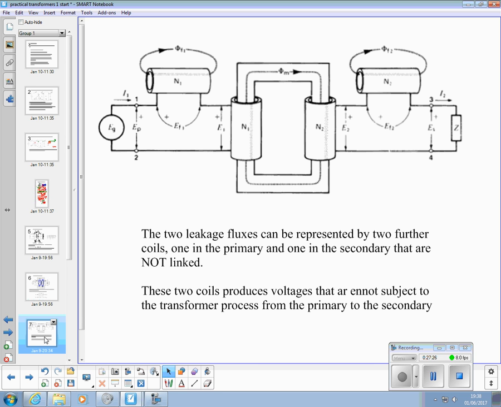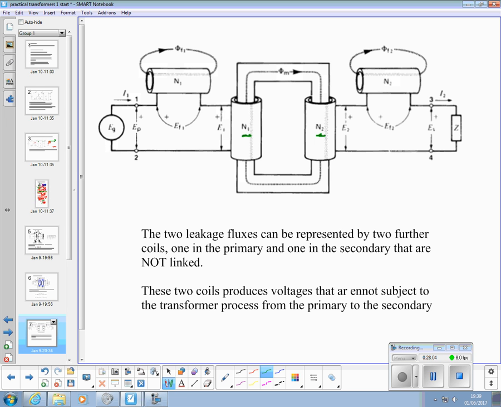So, what we do is we represent the two leakage fluxes by having our ideal transformer in the middle. There's our primary turns, N1, N2, flux, all of it linked. Move the leakage flux away. We're going to represent that as a series inductor in the primary side, representing the leakage flux. And the same over this side.